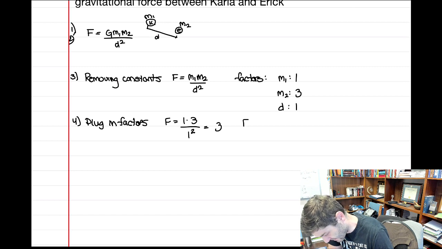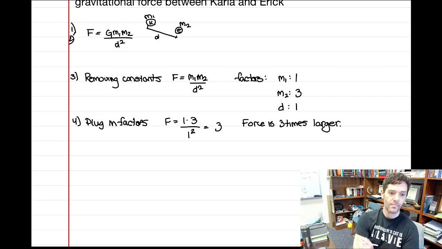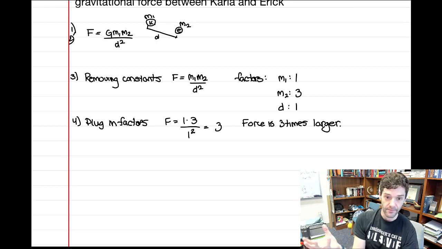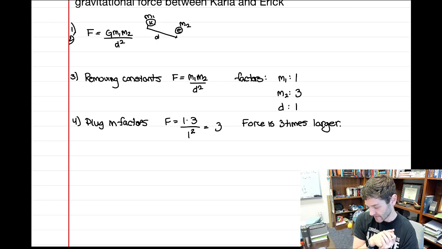So in this case, the gravitational force is 3 times larger. One of the masses goes up, therefore the gravitational tug between the two increases as a result.